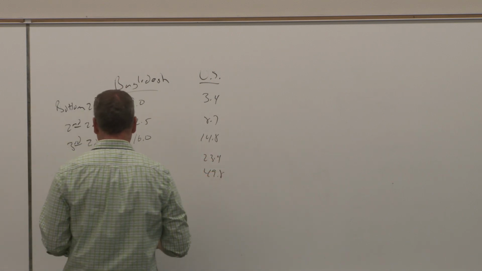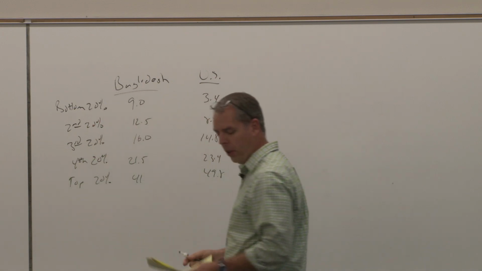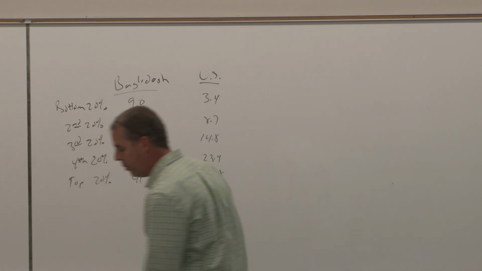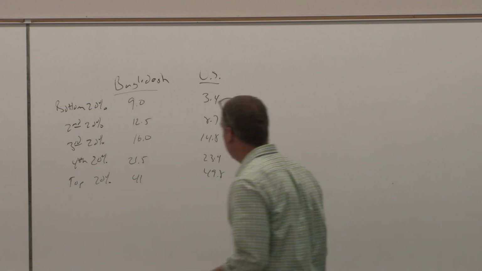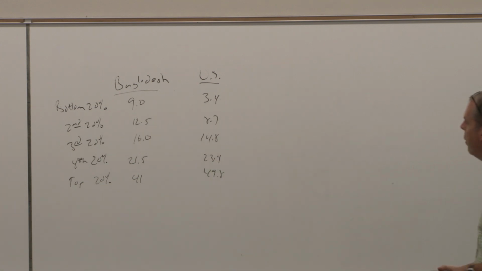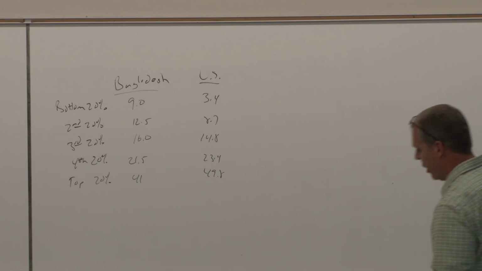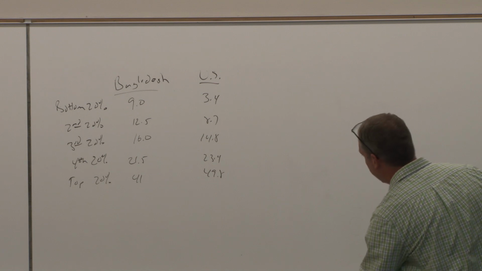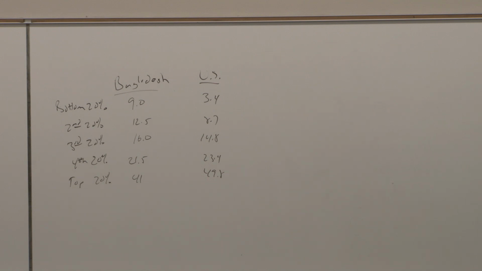So if you're looking at this in terms of income, the bottom 20% in Bangladesh have 9% of the income. The bottom 20% in the US have 3.4%. The top 20% in Bangladesh have 41% of the income. The top 20% in the US have 49.8% of the income.